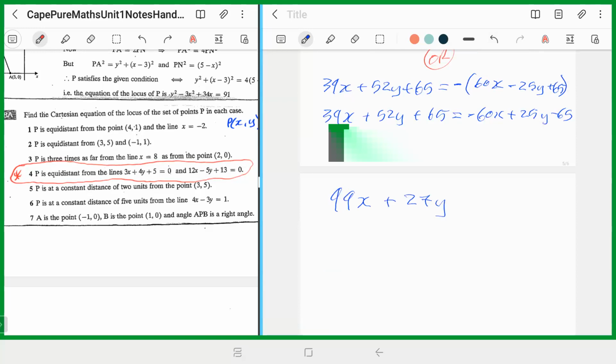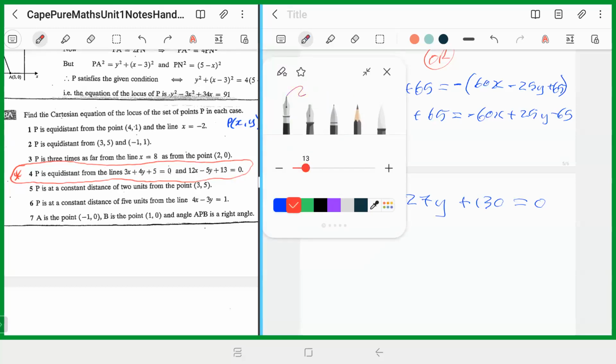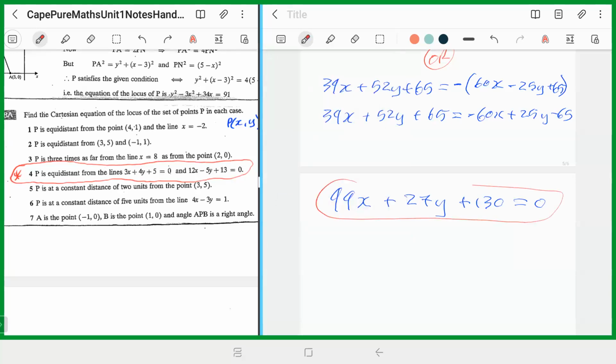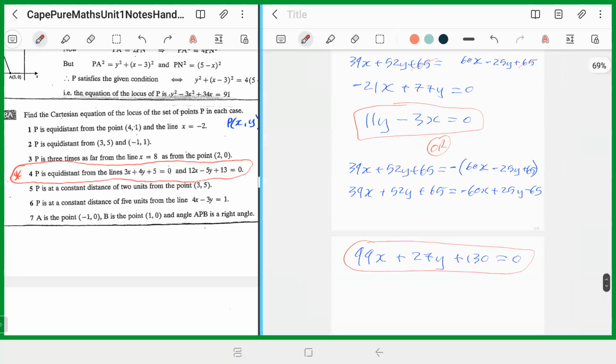I'm going to take this minus 65 and add to that 65, get 130 equals 0. So this is my second line. So those are the two locus, or loci. 1, 2. Two possible lines.